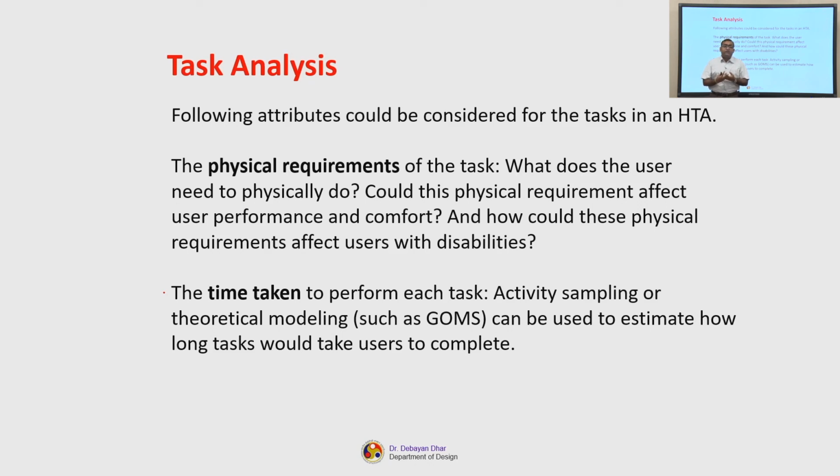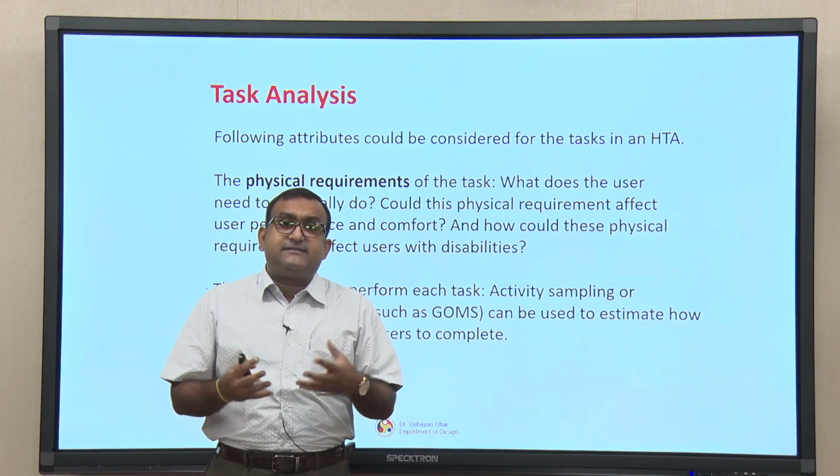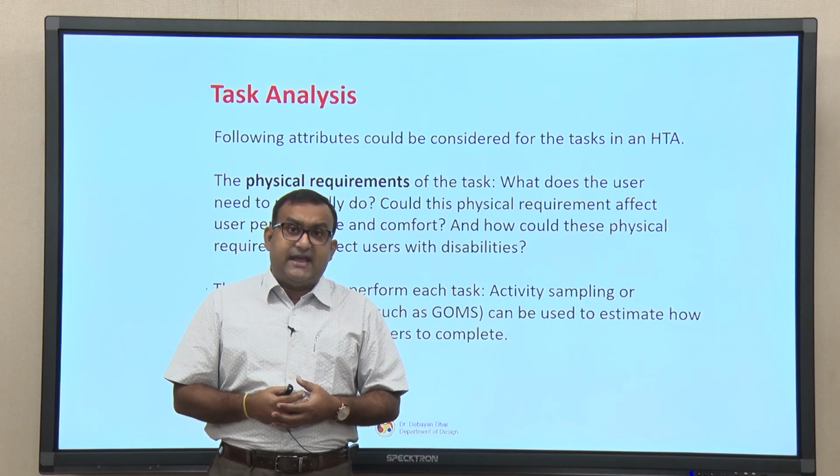So, essentially what we are trying to understand is the characteristics or features of the tasks in terms of how they are planned, what sequences they have, what different methods they can be completed through, and so on. So, this completes our focus on task analysis.